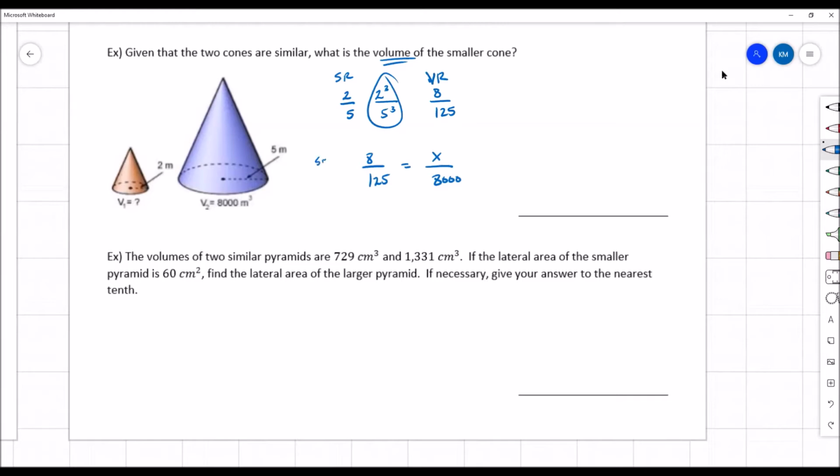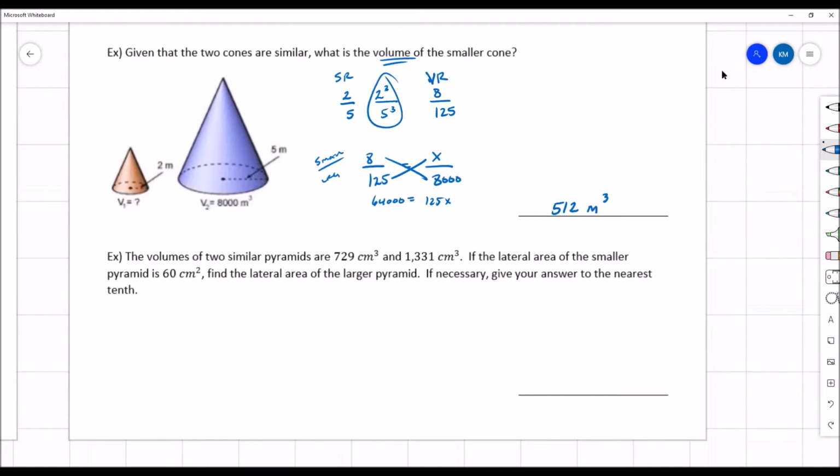So I guess we did small over large, if that's helpful. We cross multiply and solve, and we get 64,000 equals 125x. 64,000 divided by 125 gives us 512 meters cubed.